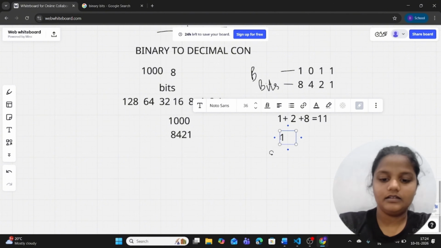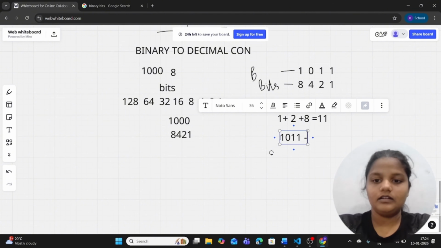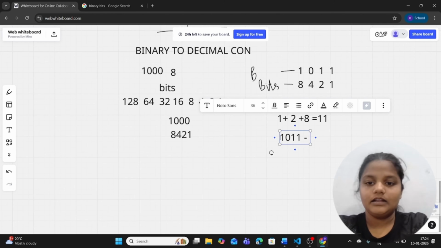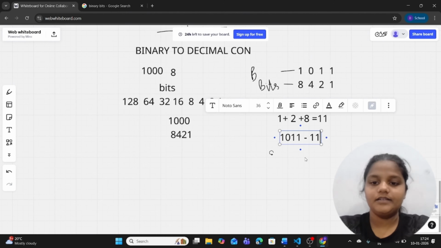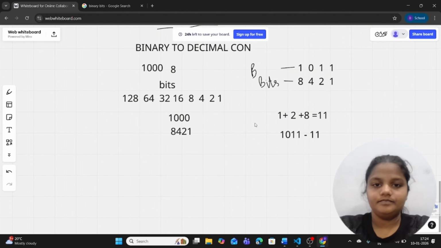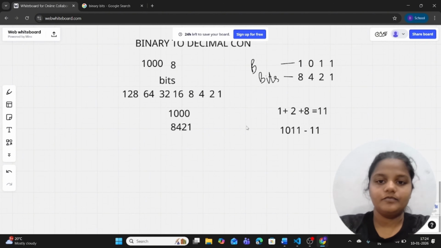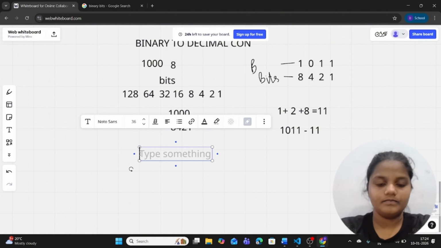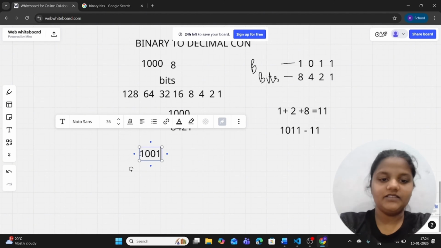So for our binary value, the decimal value is 11. Okay. We will see another example. 1001.